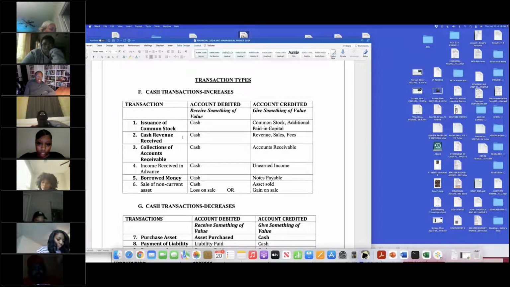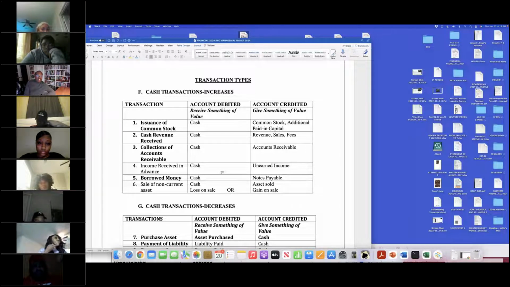If it's a collection of a receivable, you credit the receivable. If you borrowed money, you credit the note. But anytime cash came into a business, you debited cash. Are we clear on that? So we had 6 situations.